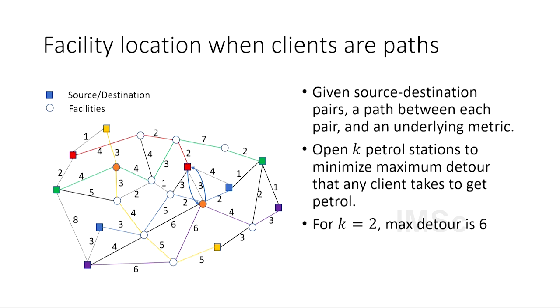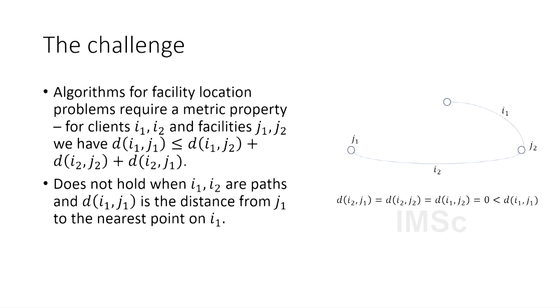It's only the red path which is without a petrol pump, and there is a detour needed, and the detour is 3 and 3, 6. We can count it whichever way you want, only the distance or twice the distance, it doesn't matter. So we're counting it twice the distance, so the maximum detour needed is 6. So that's the question. Given these paths, how would you place these K facilities so that the maximum detour is as small as possible?